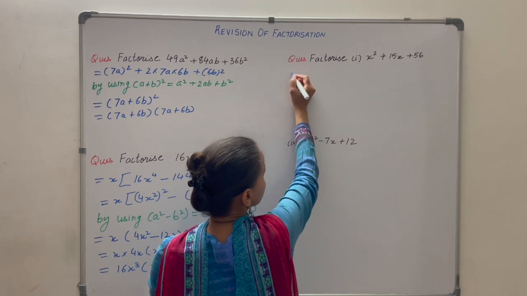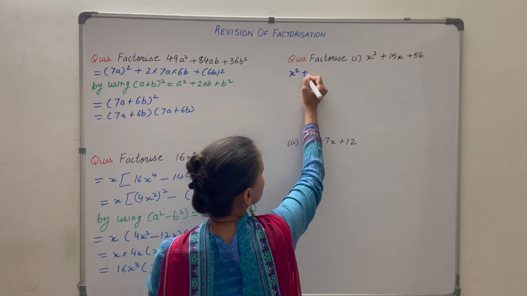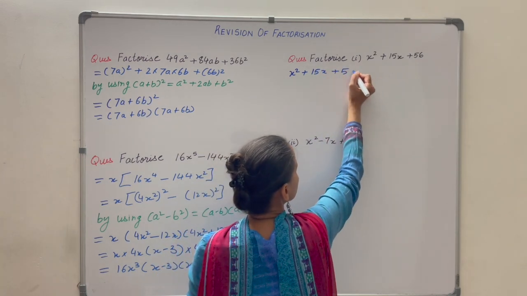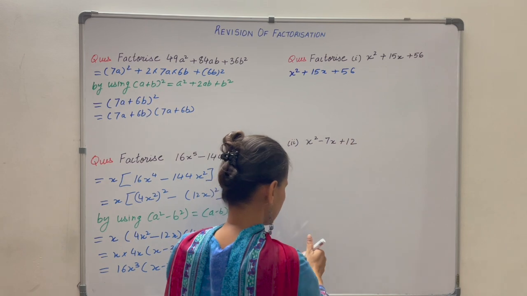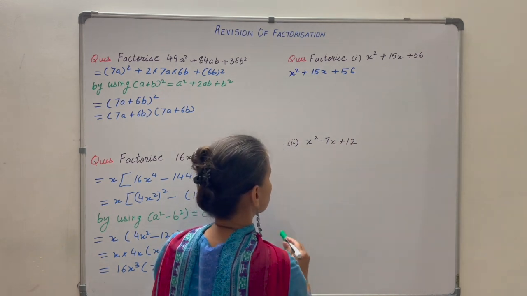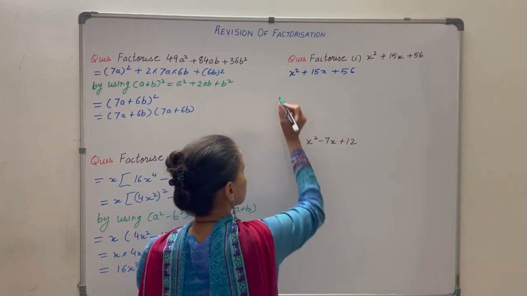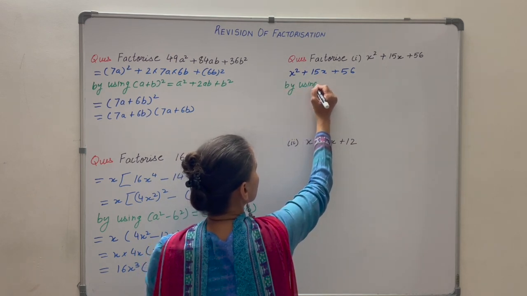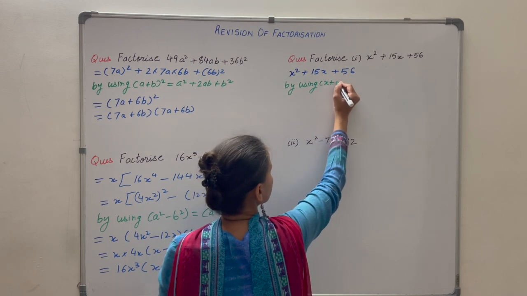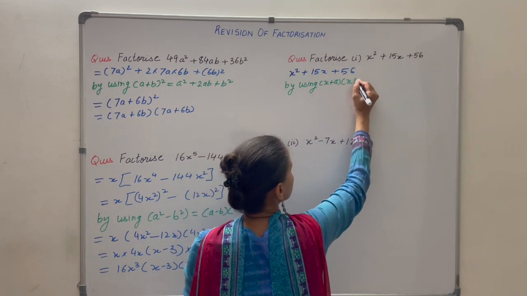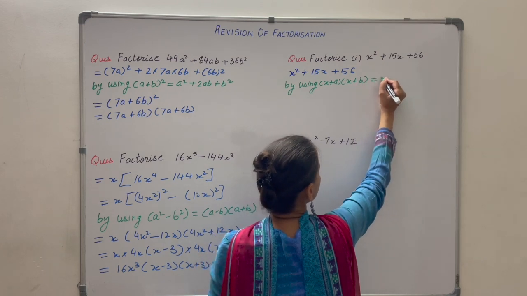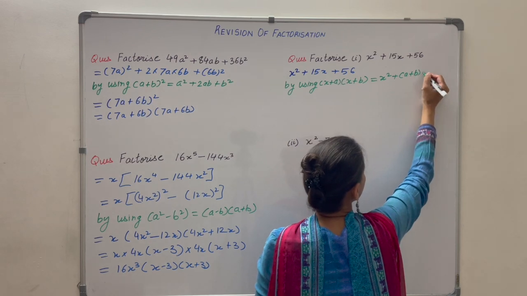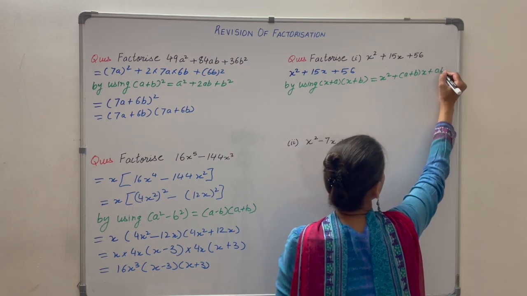So here let us write down the question. It is x square plus 15x plus 56. So we are going to use this identity (x plus a) into (x plus b), and using that we are going to factorize it. So by using (x plus a) into (x plus b), that is equal to x square plus (a plus b) into x plus ab.